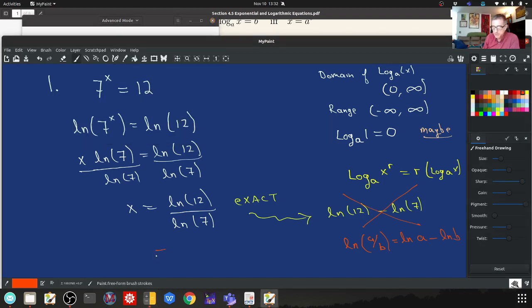And the approximate answer there is 1.277. So I think somewhere in your exercises they asked you to approximate to the 1,000th place. So again, by reminder, here's my decimal. The first place after the decimal is the 1/10th place.